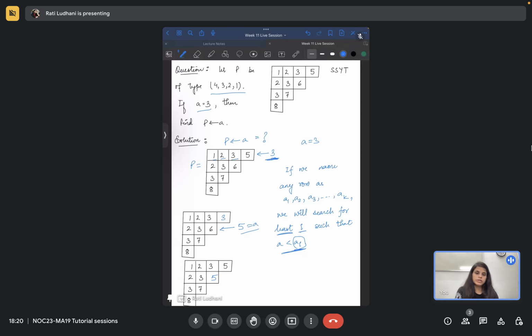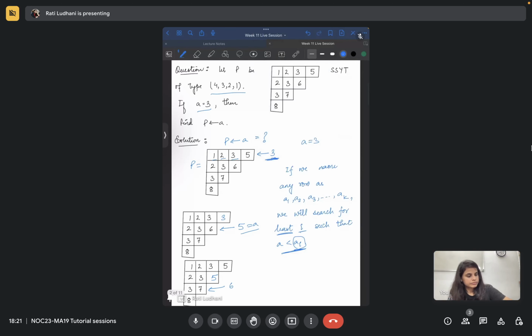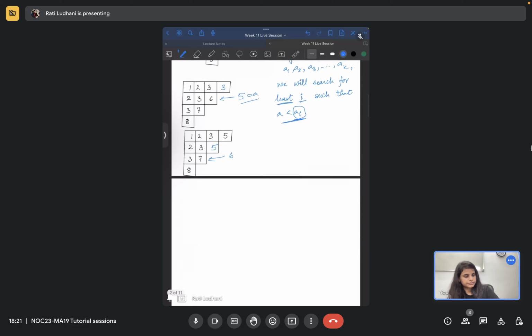So 6 will be replaced, and now 6 you will insert. To insert 6, again the same thing. What will we get? 3, 6.